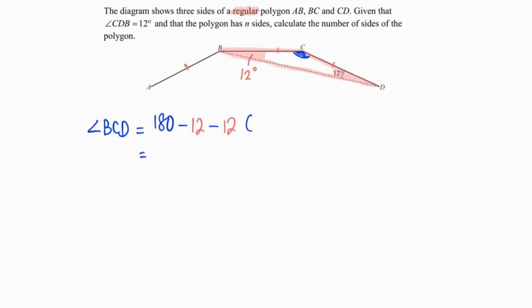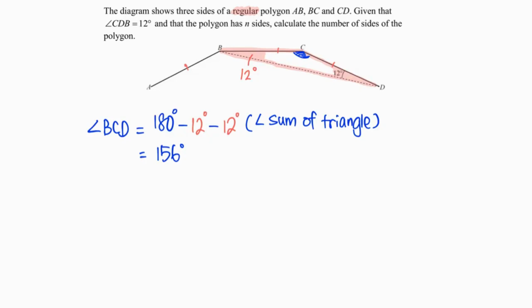This will be the angle sum of a triangle. And this will give me a value of 156 degrees. And this happens to be the interior angle of this polygon.